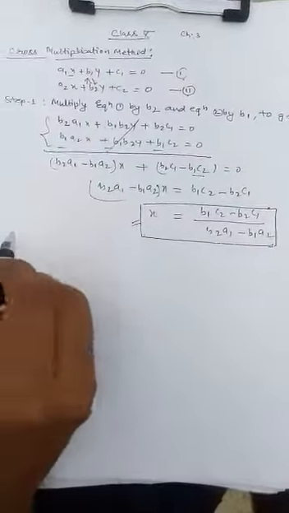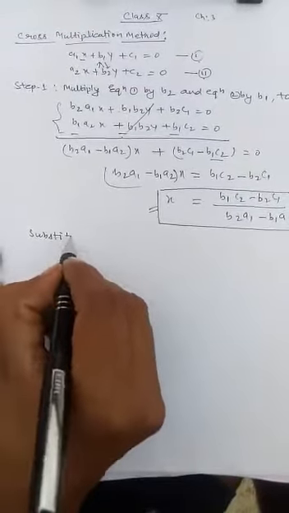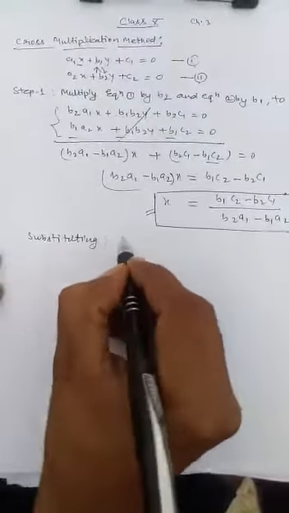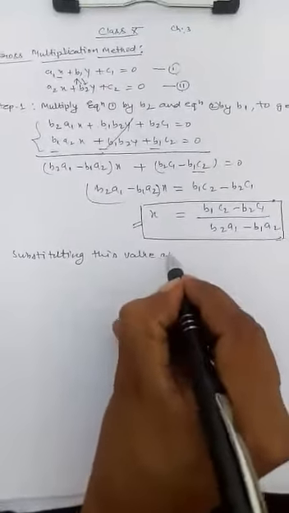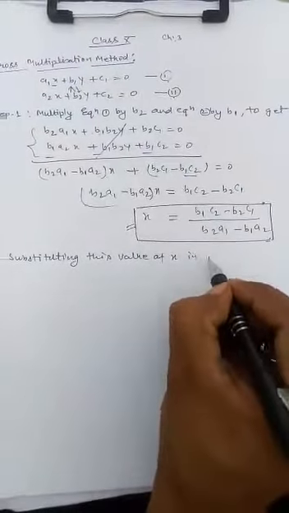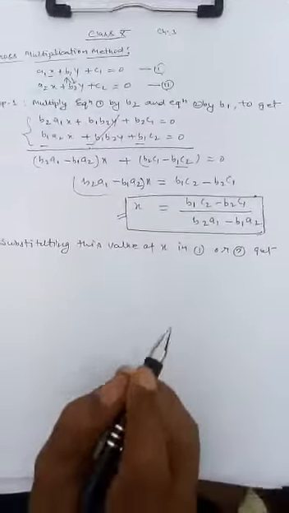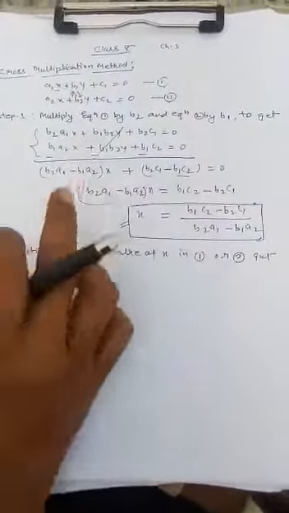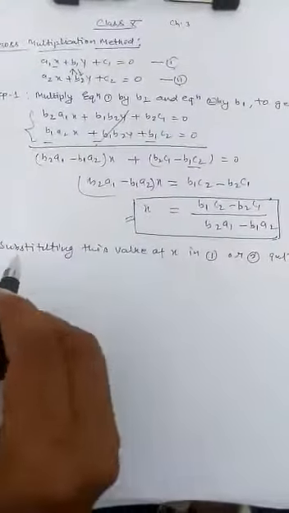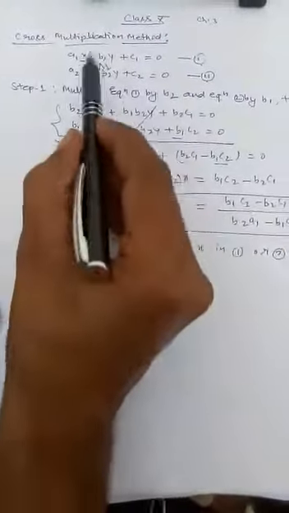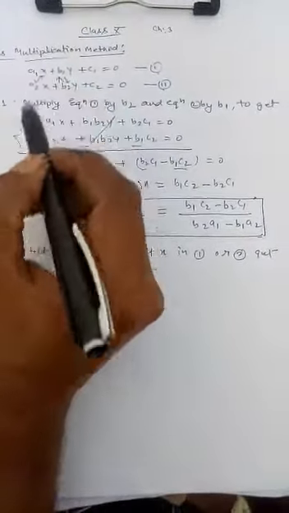Now again by substituting this value of x in equation 1 or 2, we get y. Another thing we can do is cancel the x term by multiplying.